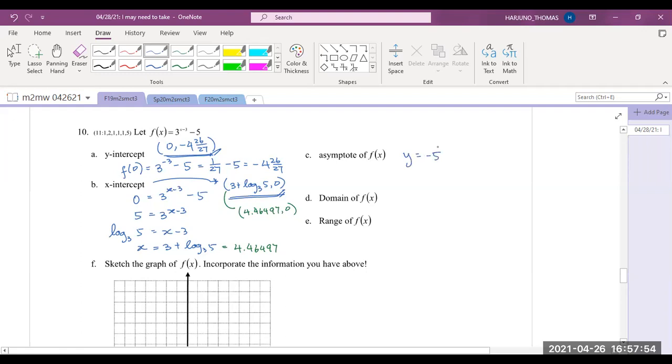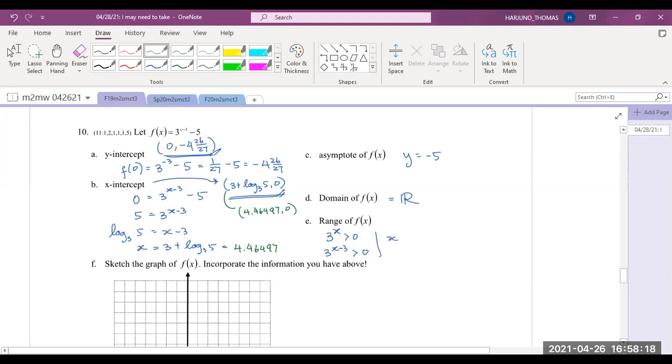Just look at the constant of that exponential function. How about the domain? The domain of an exponential function is all real numbers. How about the range? Yeah, 3 to the x is positive. Right, so 3 to the x minus 3, that's moving to the right 3 units.